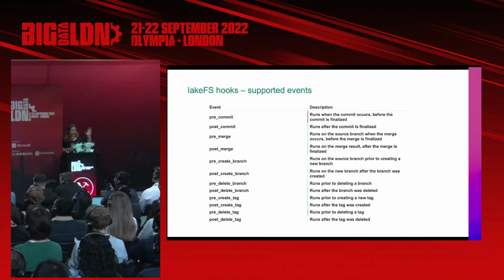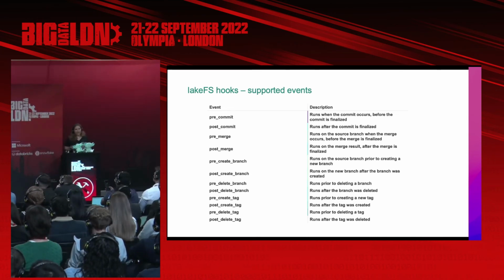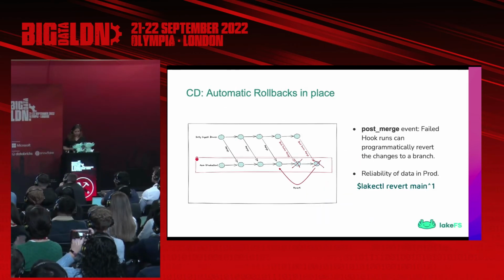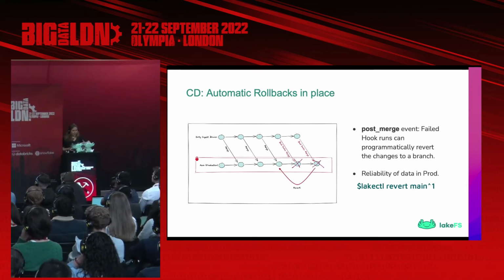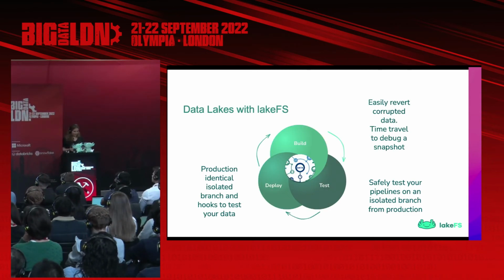So I have my lakeFS hooks that support multiple events with pre-commit, post-commit, pre-merge, everything that you can think of that's available around branches, pre-delete branches, create tags if you want to connect some branches with some specific code that you changed, post operations as well. And that enables me to do that automatically, and that enables me to roll back in place as well. So I can have my post-merge, for example, or revert to a specific version.